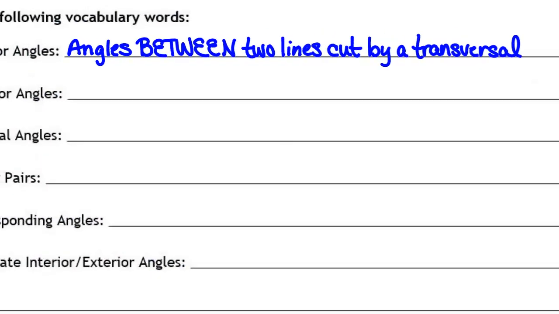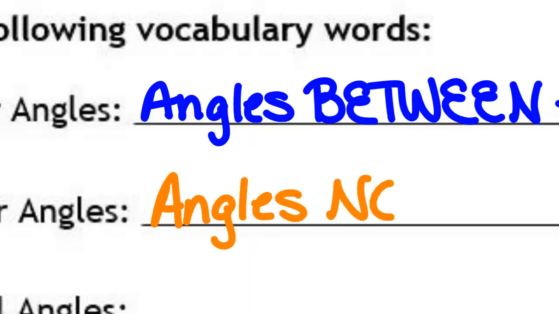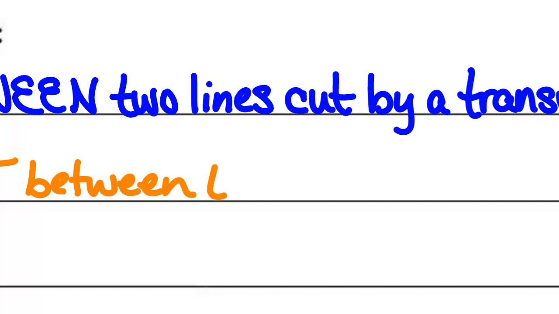So exterior angles would be angles that are not between two lines cut by a transversal.